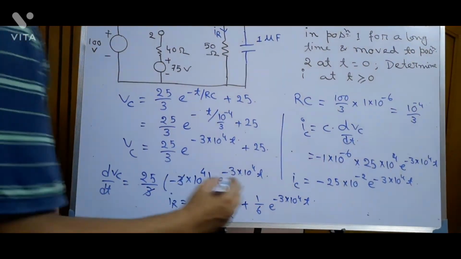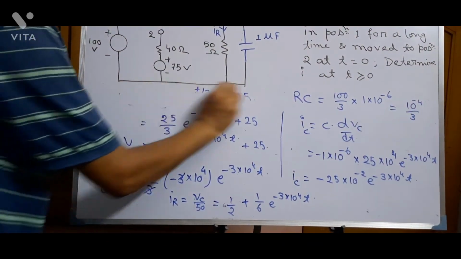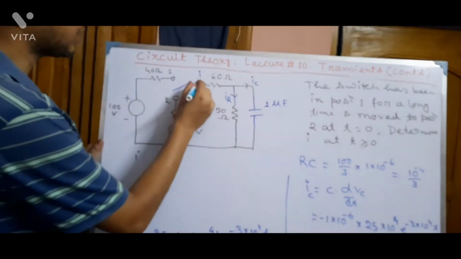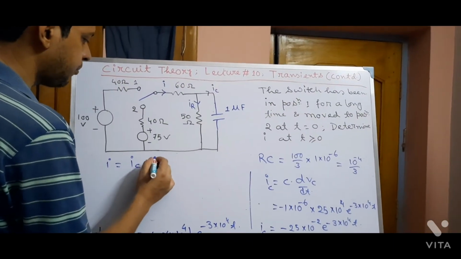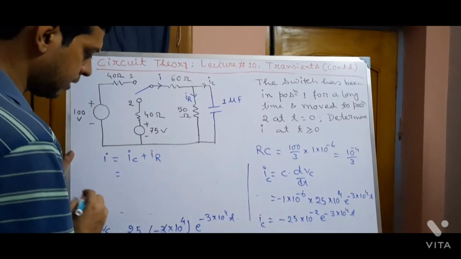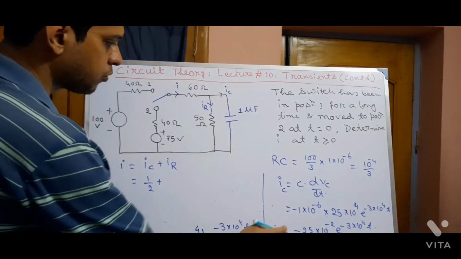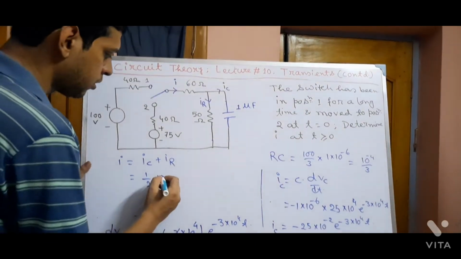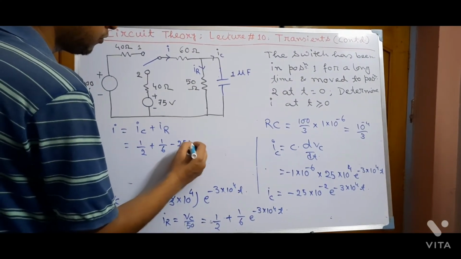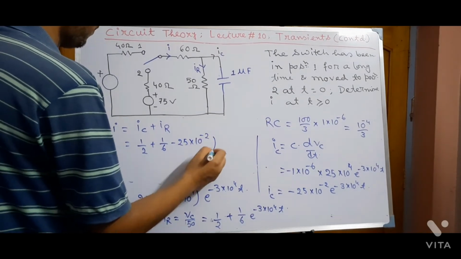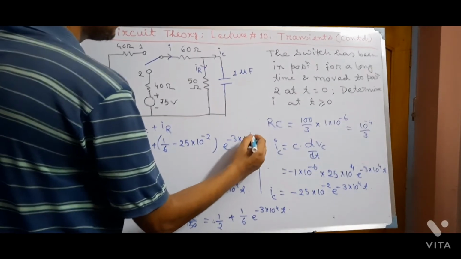Hence the total current is I equal to IC plus IR, and IR is half plus this one into this one, means 1 by 6 minus 25 into 10 to the power minus 2, okay, e to the power minus 3 into 10 to the power 4 t.